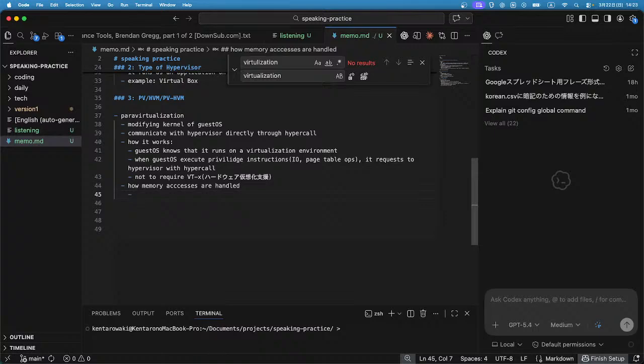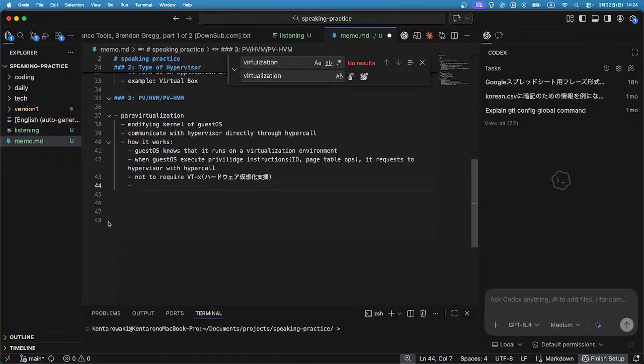So, it's not necessary to write down. Memory access obviously requires page table operations. So the page table operations are handled by the hypervisor, right? So I don't need to write down about memory access. It's obvious.